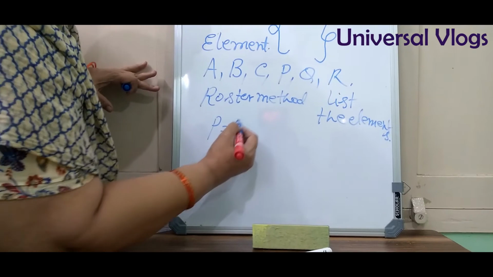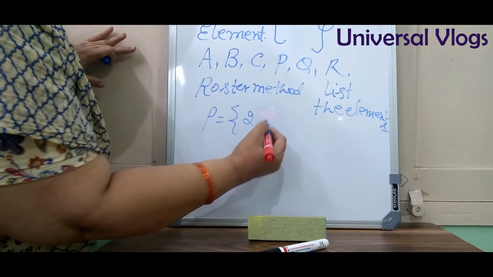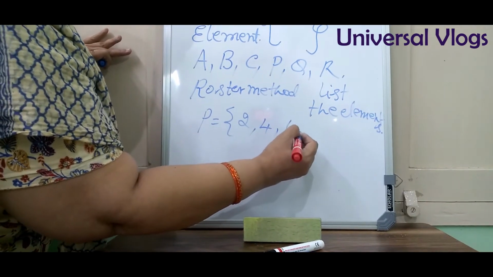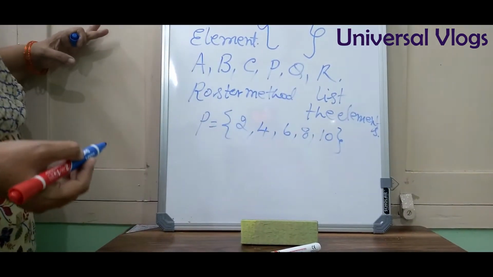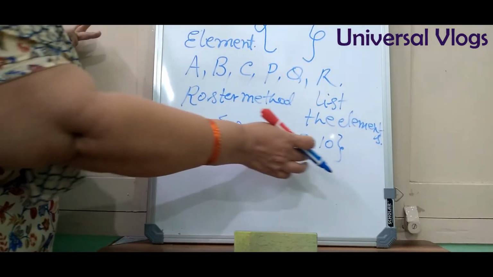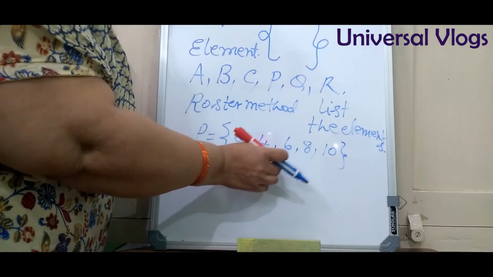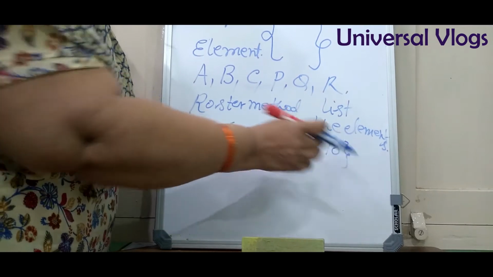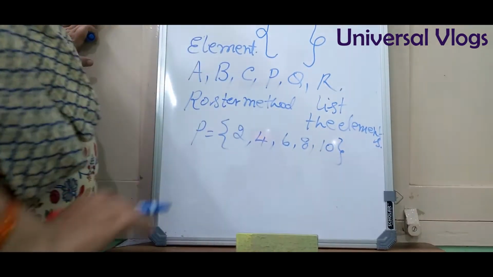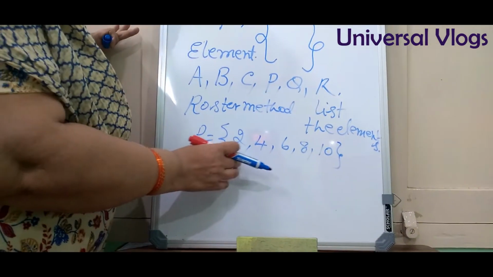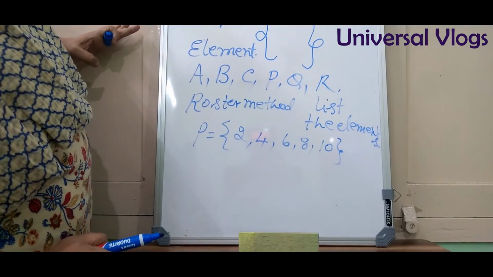I will write it like this: 2, 4, 6, 8, 10. So this is the set of even numbers from 2 to 10. Here you can see the elements are mentioned particularly.